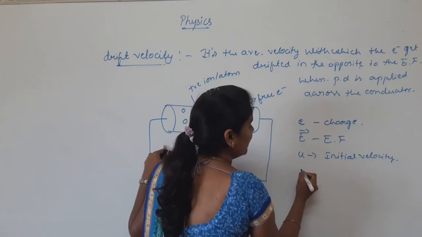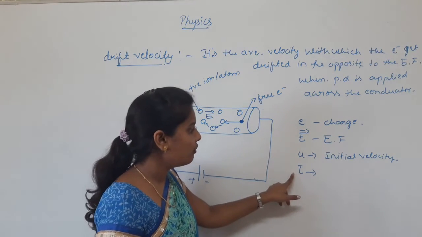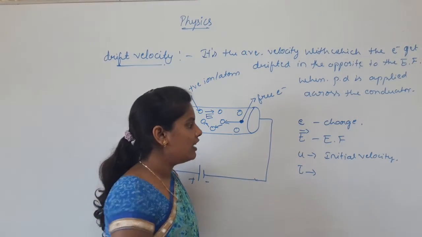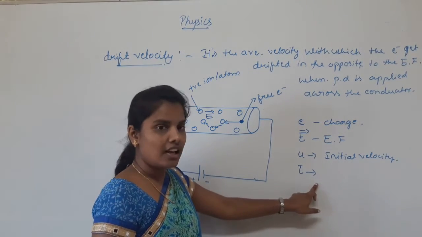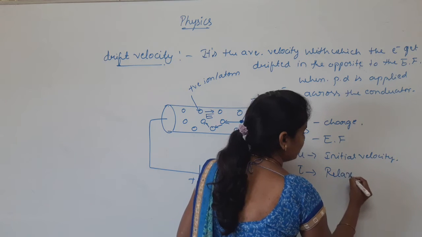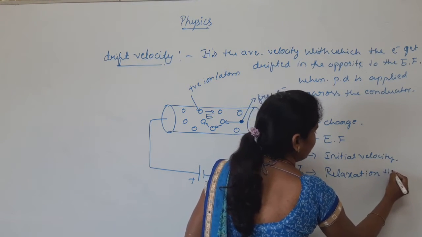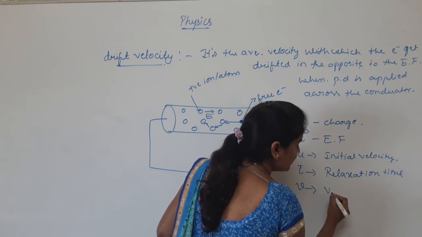Instead of t, here we are using tau. Tau represents the relaxation time. I will explain later what tau is. And V represents the drift velocity.